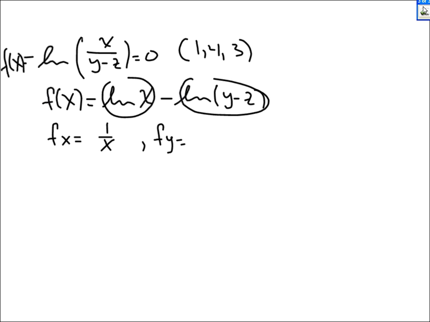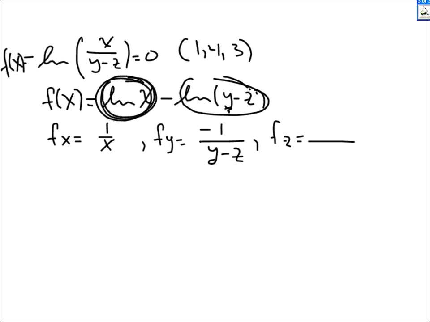F sub y would be, well, this is a constant, it has no y's. It just has y, so it's y minus z in the bottom and the derivative on top. And then with respect to z, this is a constant, it's 0.